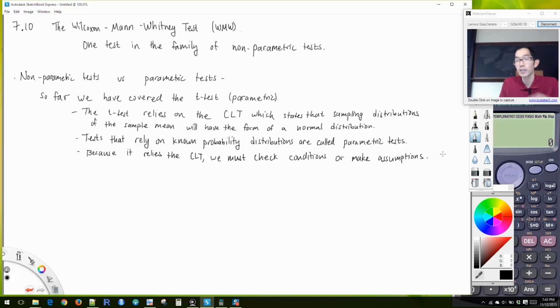Do you guys remember what those conditions or assumptions are for using the central limit theorem?